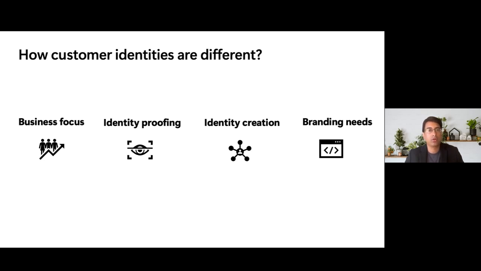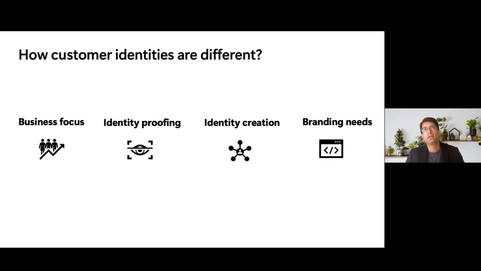When you think about the workforce identities, you are mainly thinking about employees. Their need is usually to make sure that they get in the most secure fashion. Usually, the interactions are pretty consistent, very standardized throughout the organizations, and the requirements around those are pretty much driven by the business needs. So if the business is in, let's say, the banking sector, they will have their own requirements, but it will be very standard. You get in, you sign in, use the collaboration tools and whatnot.